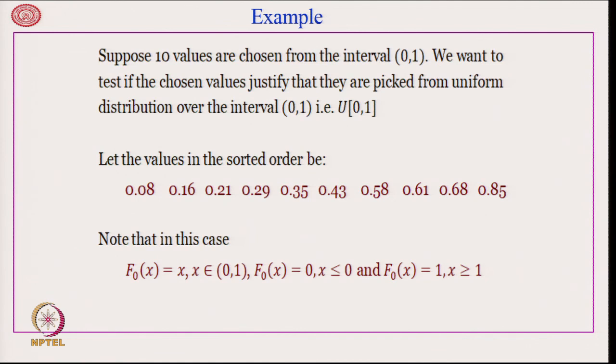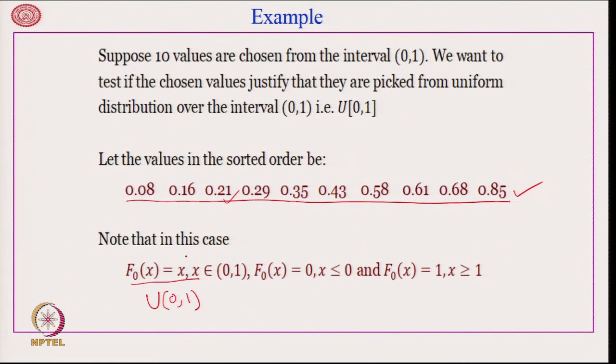So, let me illustrate it with an example. Suppose we have taken 10 observations from the uniform 0 1 distribution. Let these values be like this: 0.8, 0.16, 0.21 up to 0.85. Therefore, what is F0(x)? F0(x) is uniform 0 1.